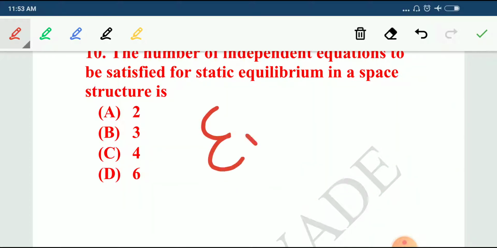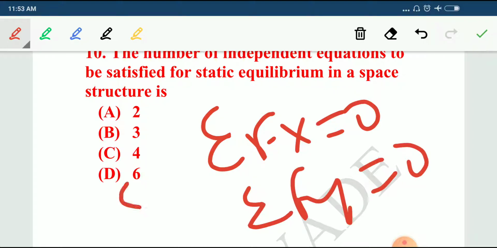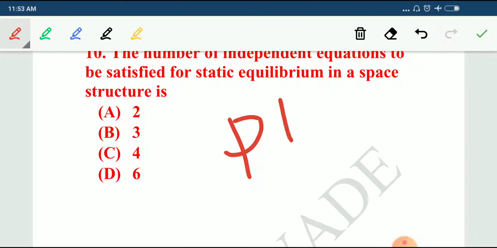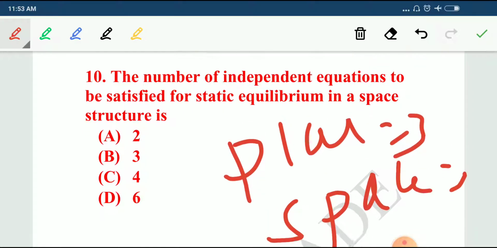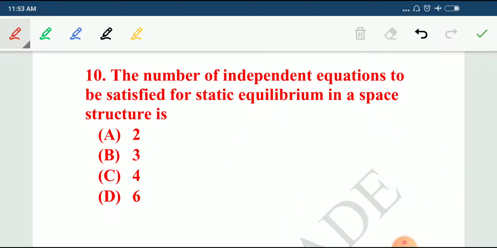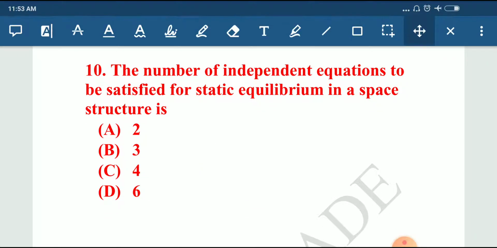For the plane, summation of Fx is equal to 0, summation of Fy is equal to 0, and summation of M is equal to 0. You have to remember, for plane there are 3 conditions of equilibrium, for space there are 6. This is the thing you should know. So for this question, D is the correct answer. Okay, we will move to the next question.